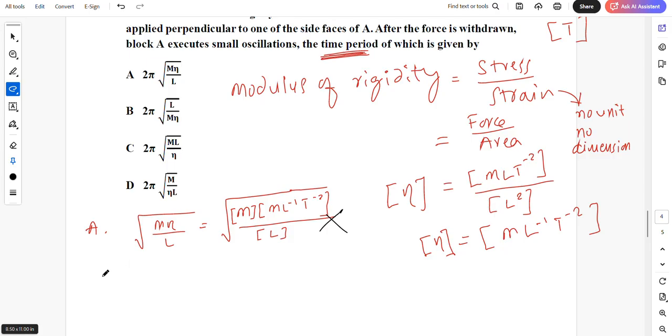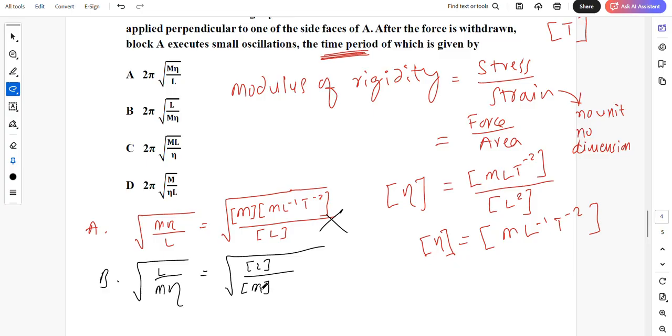Second one, we'll see the B one. What is there in B? Under root L by m eta. We'll check the dimensions of L, that is L itself, m and eta. There is no need to write, just by looking at this one you can say here also you are not getting it. Eta is M L to the power of minus 1 T to the power of minus 2. This is also not correct.